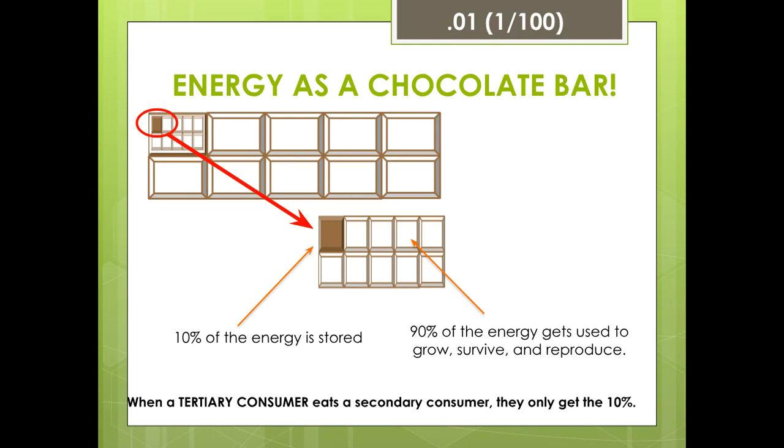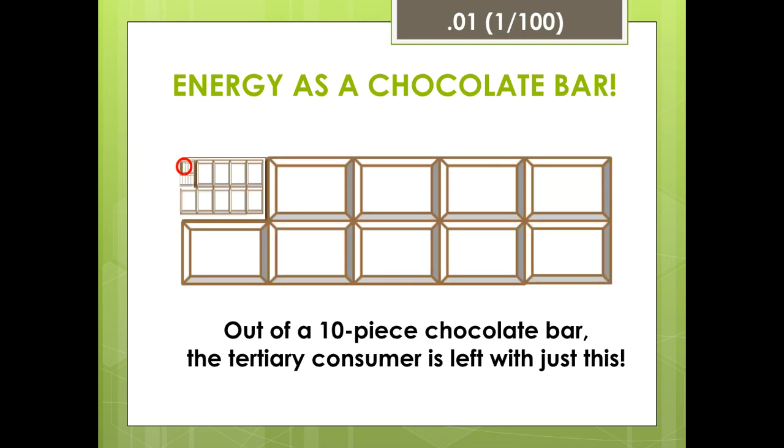So when the tertiary consumer comes along and eats it, it gets that tiny little 10%. So here's what it looks like out of a 10-piece chocolate bar. The tertiary consumer is left with just this tiny little amount of energy.